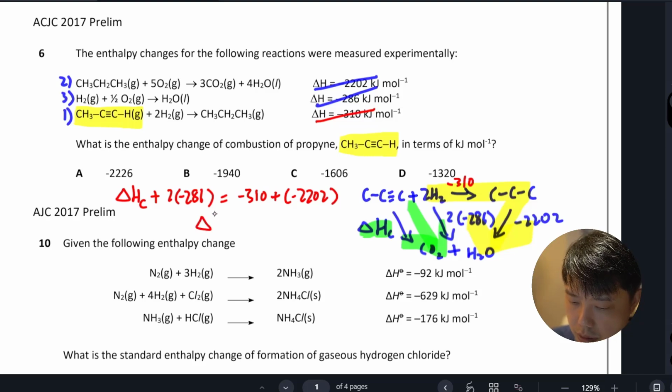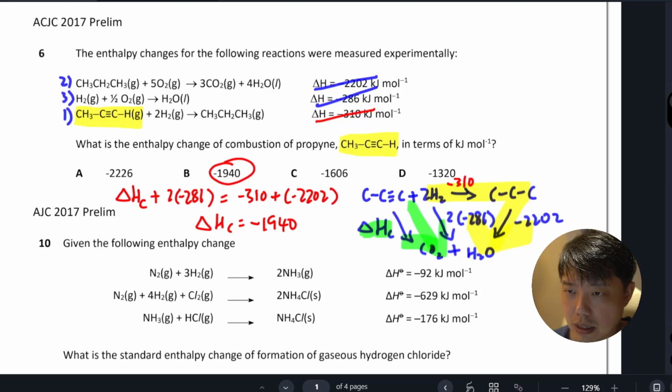Okay, so your delta H combustion, if you press your calculator, would be minus 2140. Right, so that is how you work out the first MCQ.